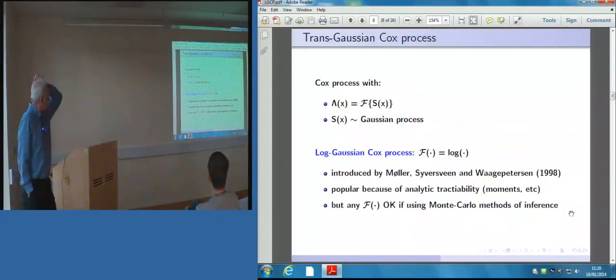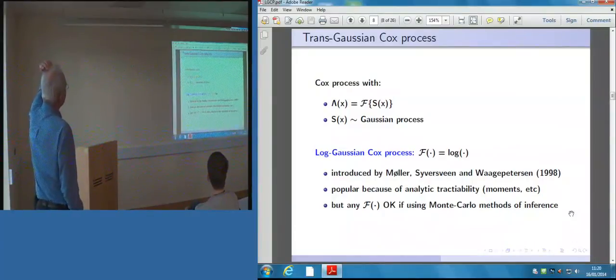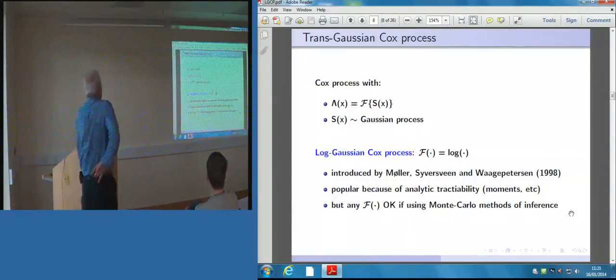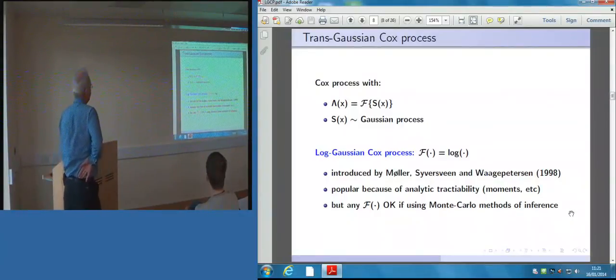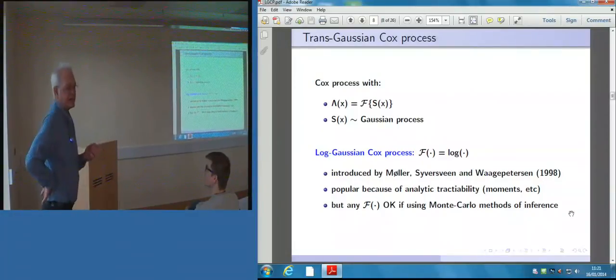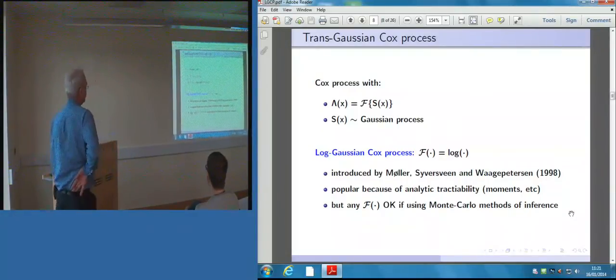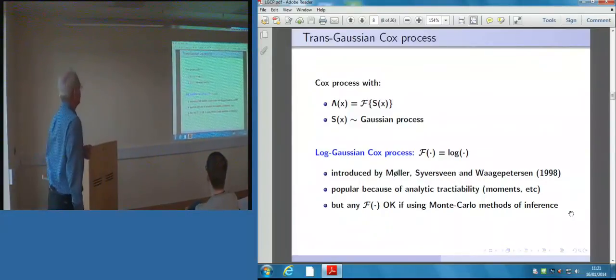And I've borrowed a term from Cressie's book and used this rather horrible phrase, trans-Gaussian, because the idea here is that if you want to build a model for that lambda of x process, you've got to make sure it's non-negative, so it can't be a Gaussian process. But it could be a transformation of a Gaussian process. And frankly, given that we do all our inference by Monte Carlo methods these days, it doesn't matter what the transformation is. So the log-Gaussian is embedded in the literature because it was what Møller and colleagues suggested in 1998.